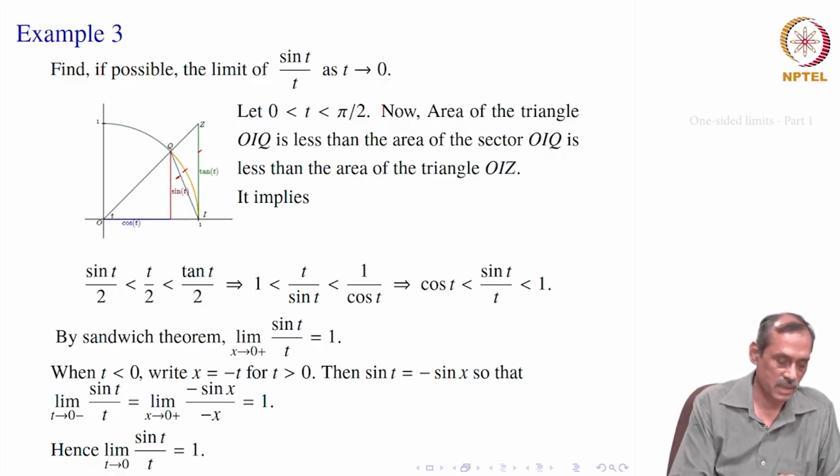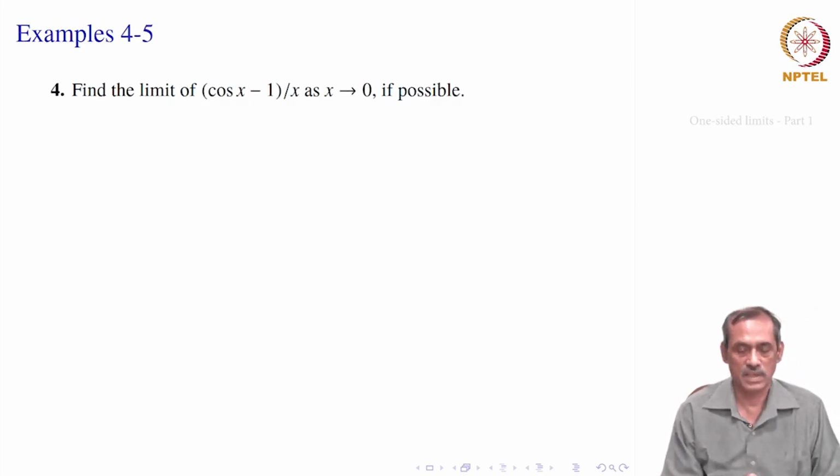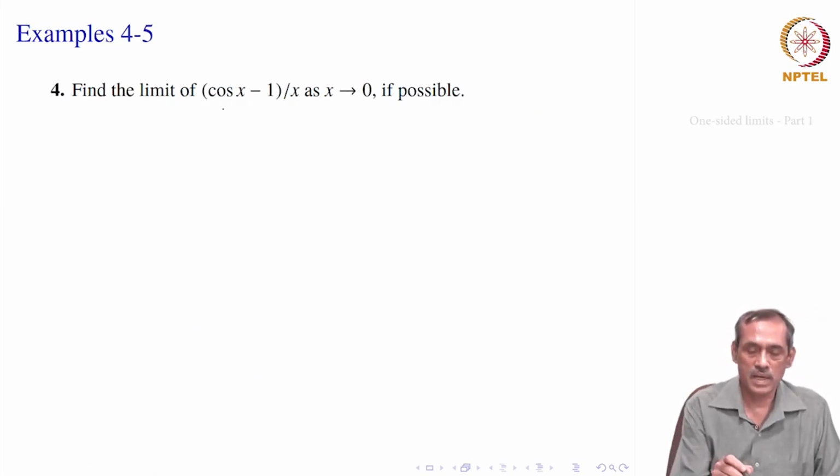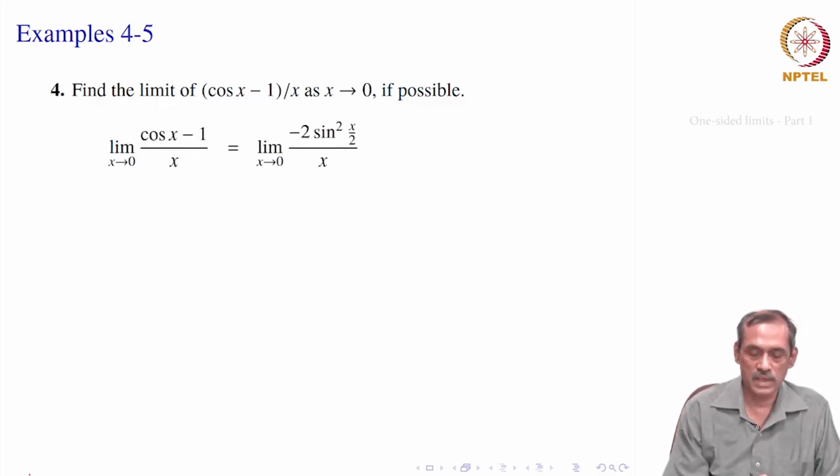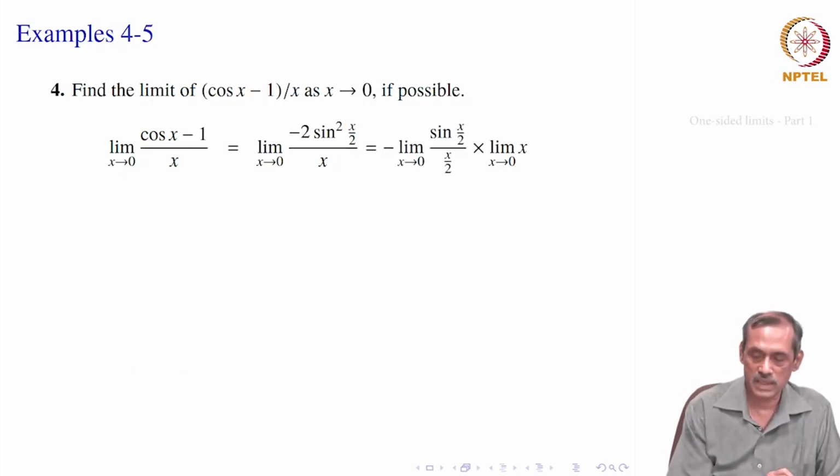Once we get this limit, we can really apply it to other things. Let us see how. Say we are required to find the limit of cos x minus 1 divided by x as x goes to 0. We do not know whether the limit exists or not, but let us see what happens. For cos x minus 1, we can use the half-angle formula. So it is minus 2 sine square x by 2, divided by x, and we can use the sin x by x formula.